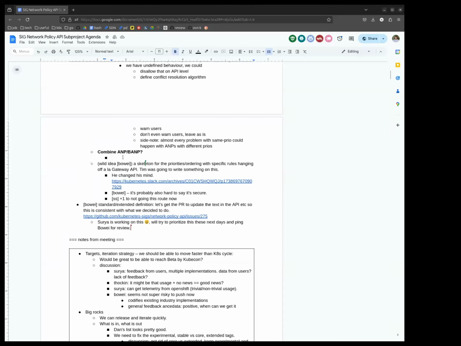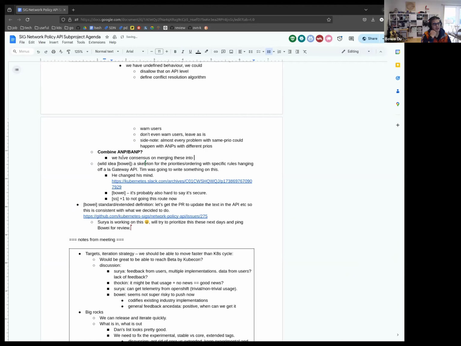I agree with your interpretation of our consensus. And I kind of liked the tiers idea. It seems that aligns with Calico's existing feature, having tiers that have priority internally, so that would be perfect for us.